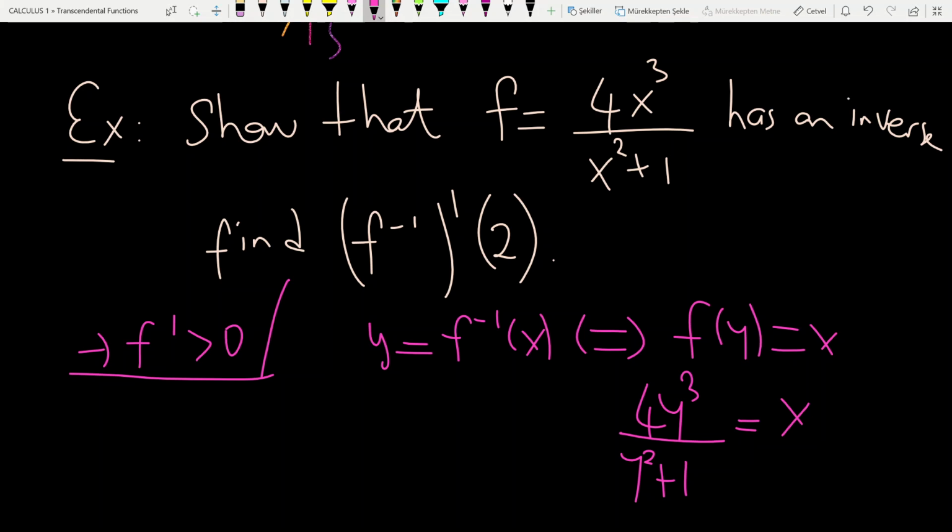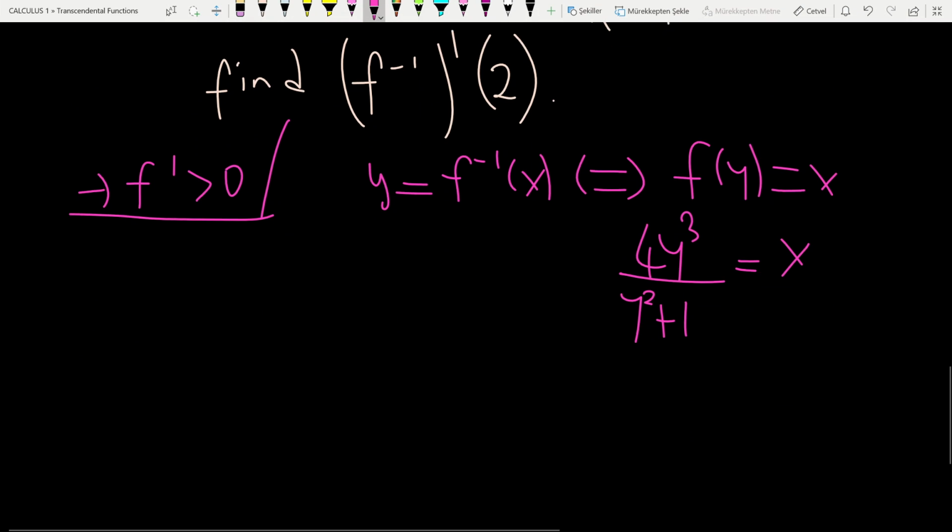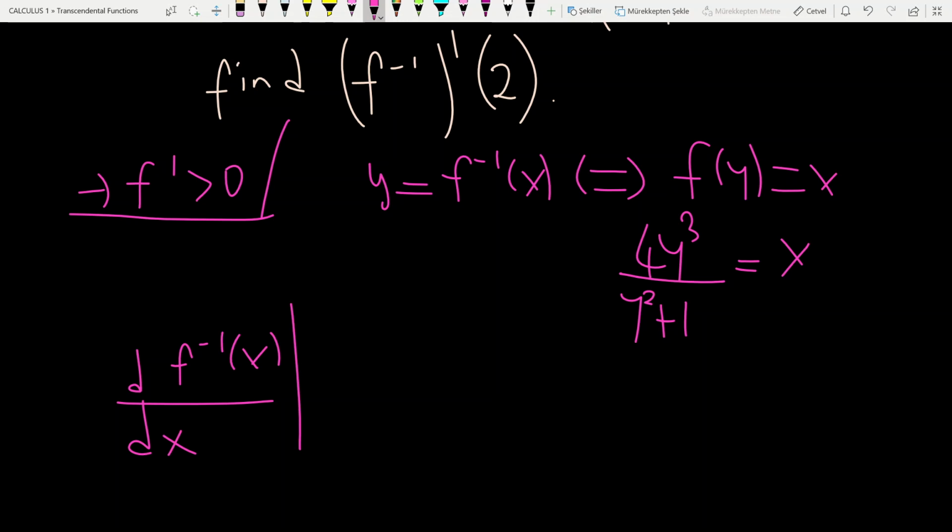And in the next step, you differentiate each side of the equality with respect to x. If you differentiate with respect to x, then finally you have this result, the point 2. Let me clear this one.